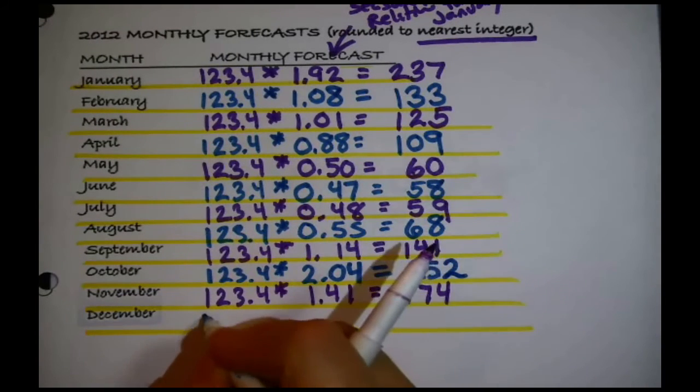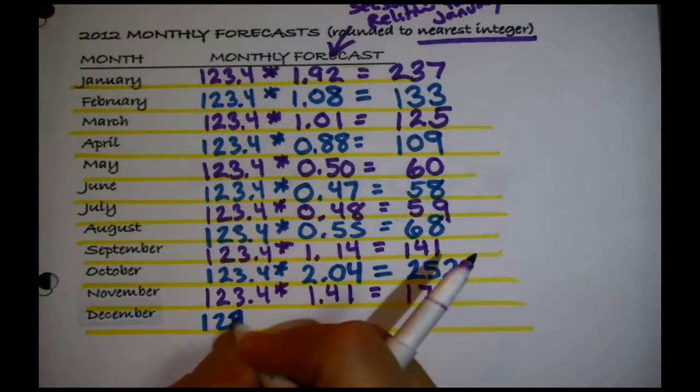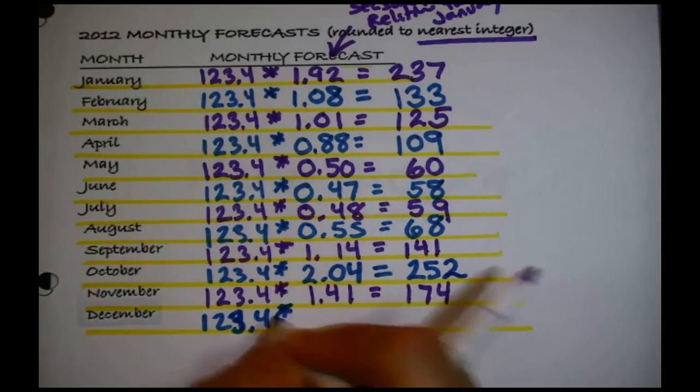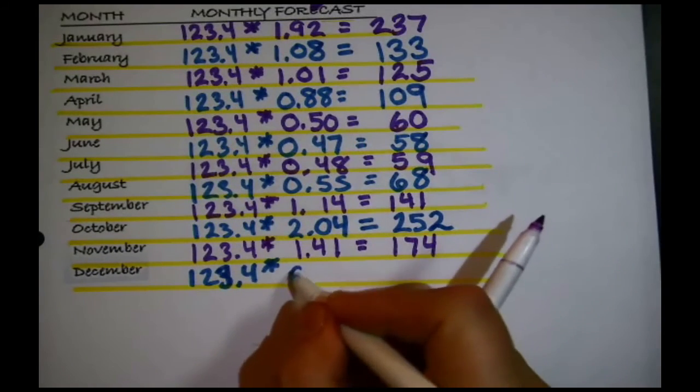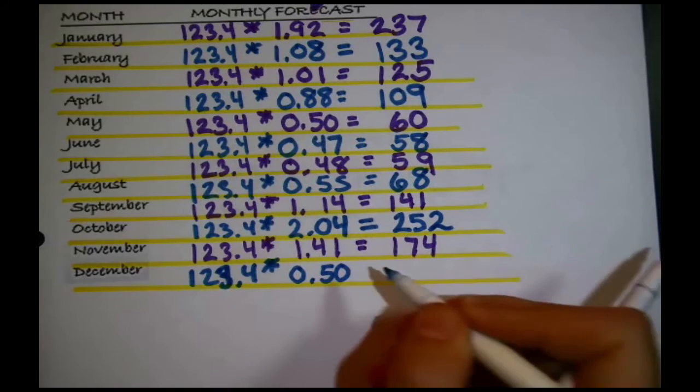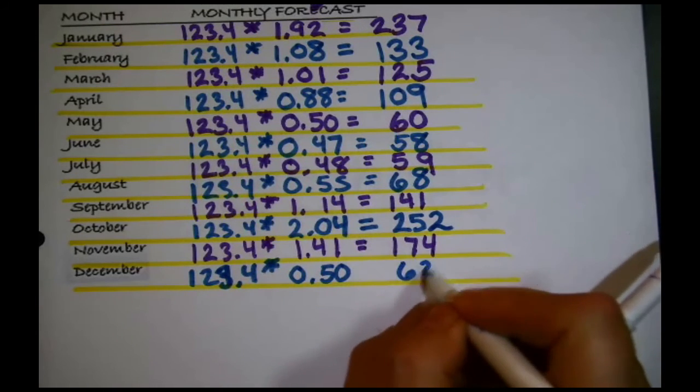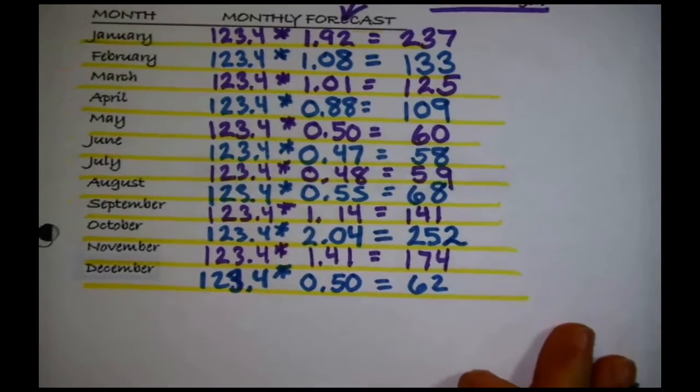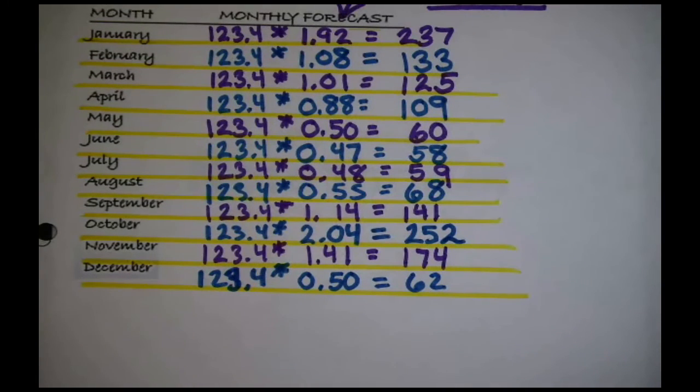And then in December, 123.4, always the same number to start, times December's relative, which was only 0.5. So we're going to forecast that it will get quiet again around the very, very end of the year. We're going to forecast 62 courtesy van transports.